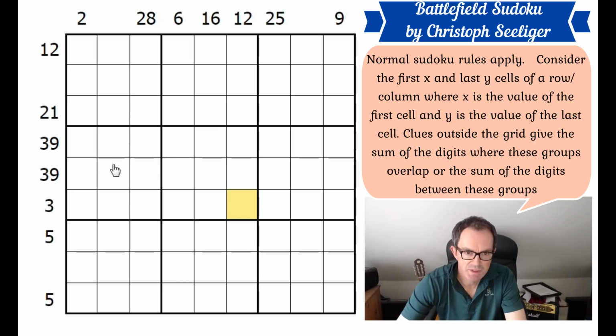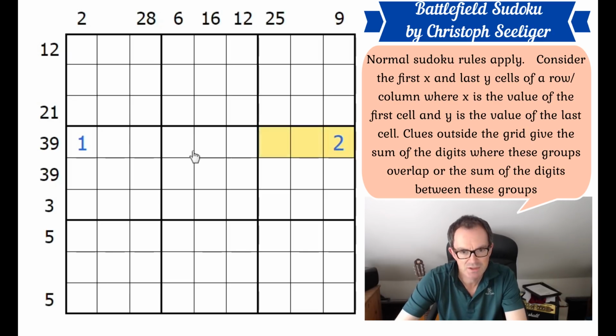Because the maximum would be 7, because if it's a gap clue, we can't include the perimeter squares. But thinking about this more, if this is a 1, say, and this is a 2, then the maximum gap is a 6 cell gap. God, this is taking me a long time to get my head around this. But the maximum, because whatever we put in here that's not 1 is taking up some of the gap.